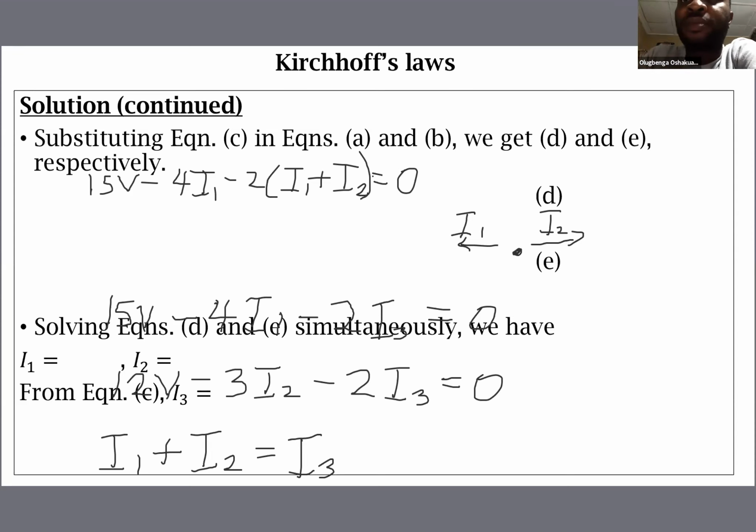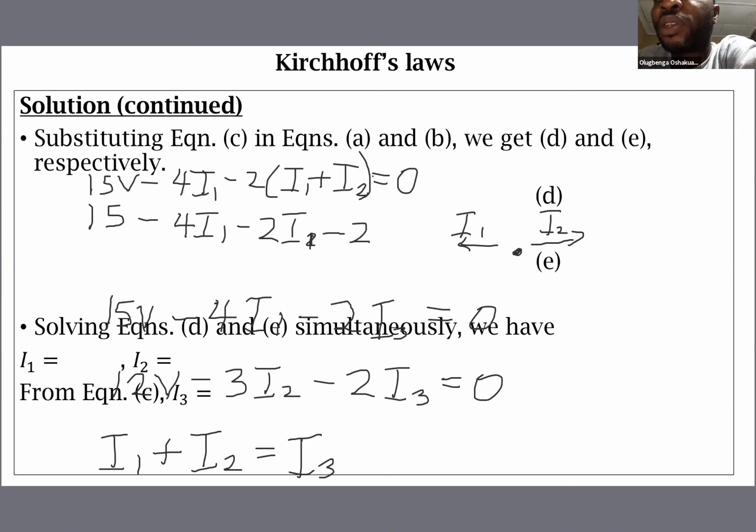Let's ignore the units for simplicity. That gives 15 minus 4 I1 minus 2 I1 minus 2 I2 equal to 0.